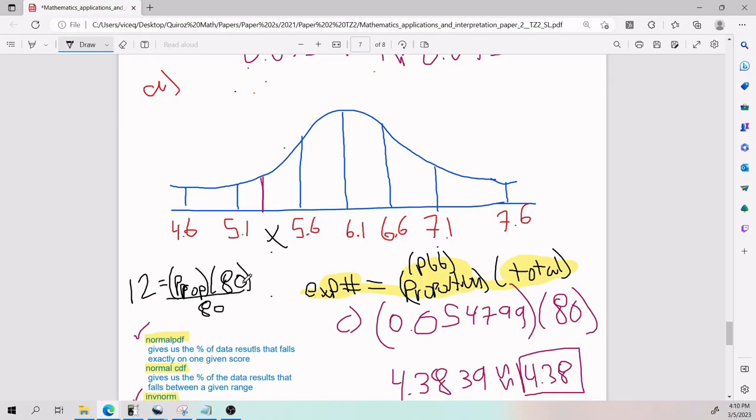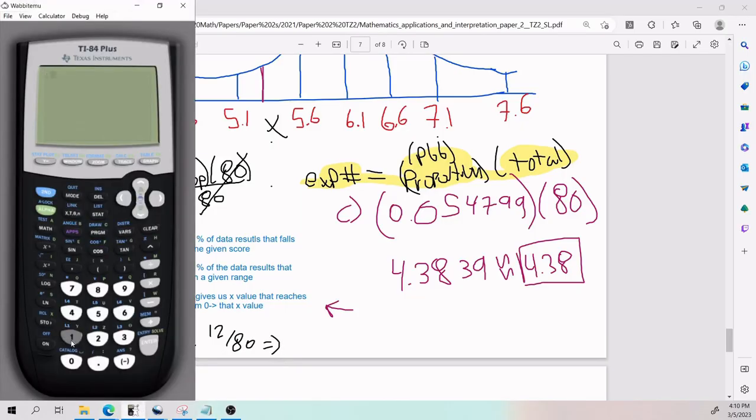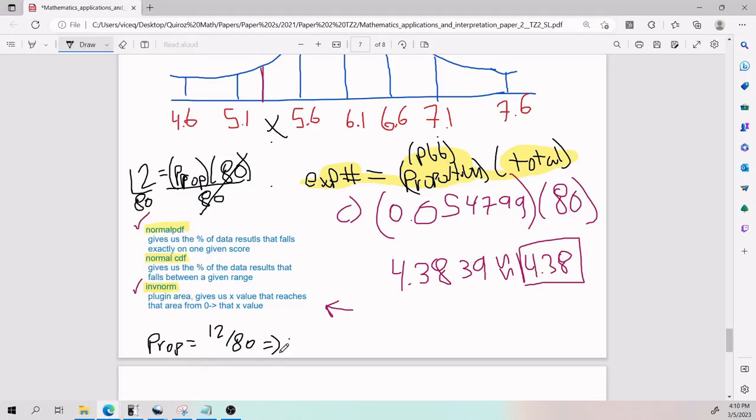Divide both sides by 80 to get the proportion alone, which is essentially my variable. Your proportion is going to equal 12 divided by 80, which gives you 0.15.